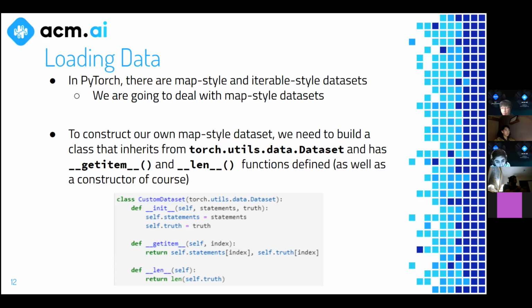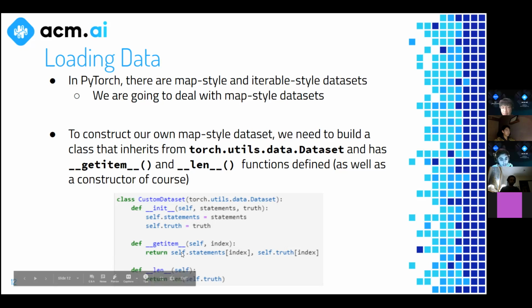So you have to define get item. And what get item does is what the name suggests. It will return one training example. What we define as one training example is one instance of the data with its corresponding label.